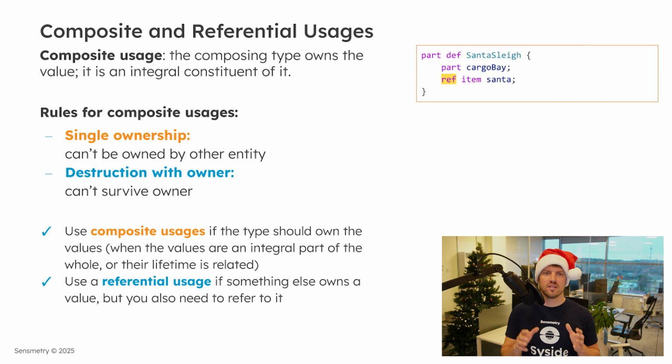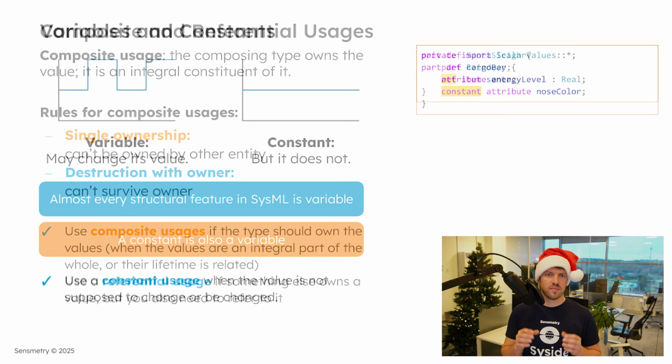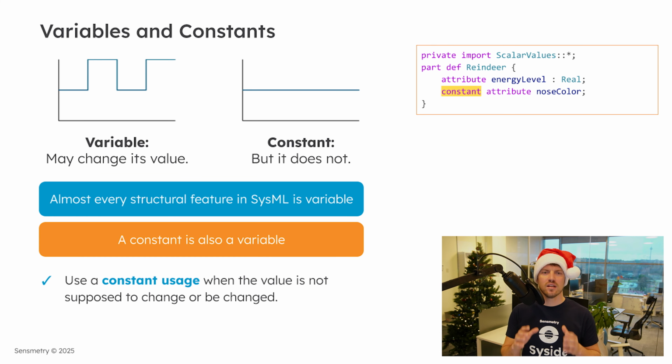Next, composite and referential usages control ownership. Composite usages mean the type owns the value and parts are destroyed with the whole. Referential usages are just references. Values exist independently. Finally, variables and constants control changeability. Variables can change over time, while constants never change, like reindeer's nose color.